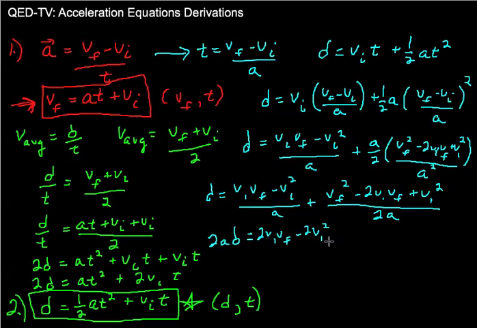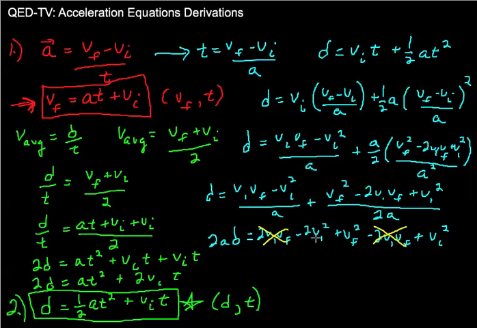And what am I going to have over here? Well, if I take it all times 2A, I'm just going to have what I have on the top, Vf squared minus 2 Vi Vf plus Vi squared. Okay, so now what do I have? Some interesting things happen, because right here I have 2 Vi Vf minus 2 Vi Vf, so that part there and that part there can cancel out.